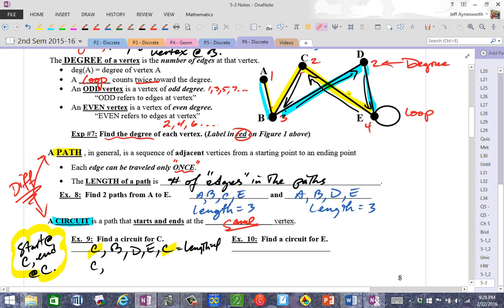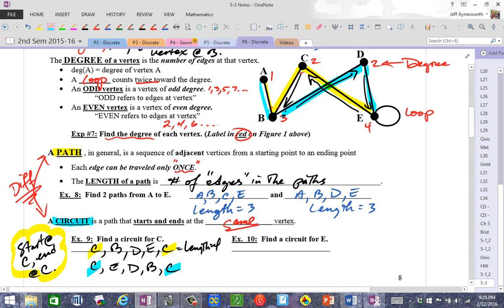So from C to E to D, so E to D, to B, back to C. And that still has a length of 4. So you can get from C back to C in multiple different ways. But if you get back to the same point that you started with, and that's the whole idea of a circuit, you call that a circuit. It's a path which starts and ends at the same place.